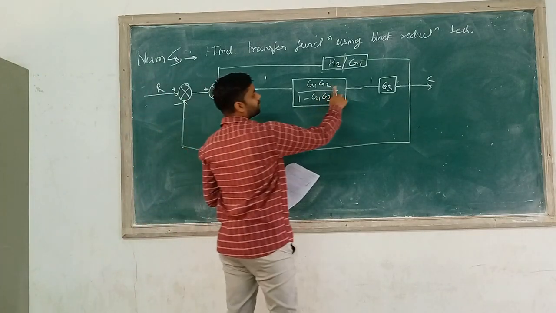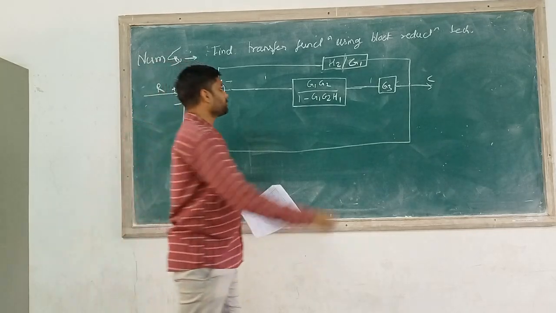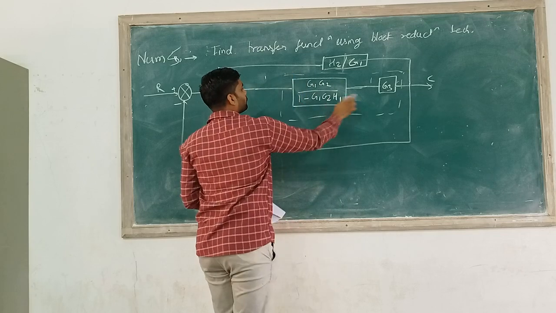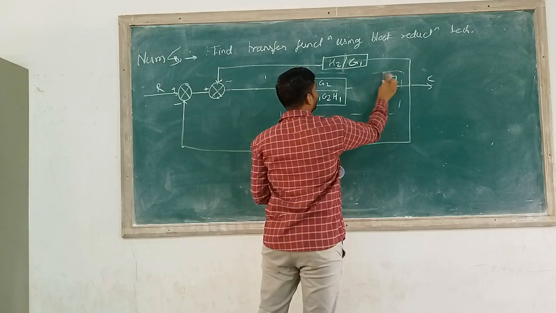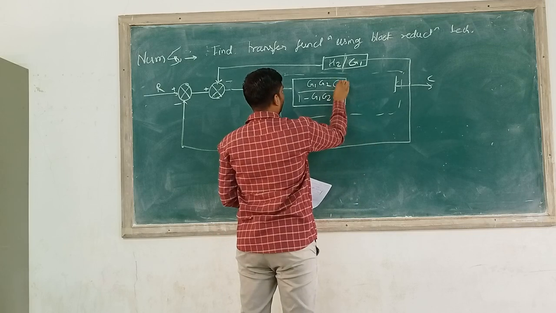Now you can see this block and this block, these two are in series. So we can reduce these two blocks into a single block simply by taking this G3 here.